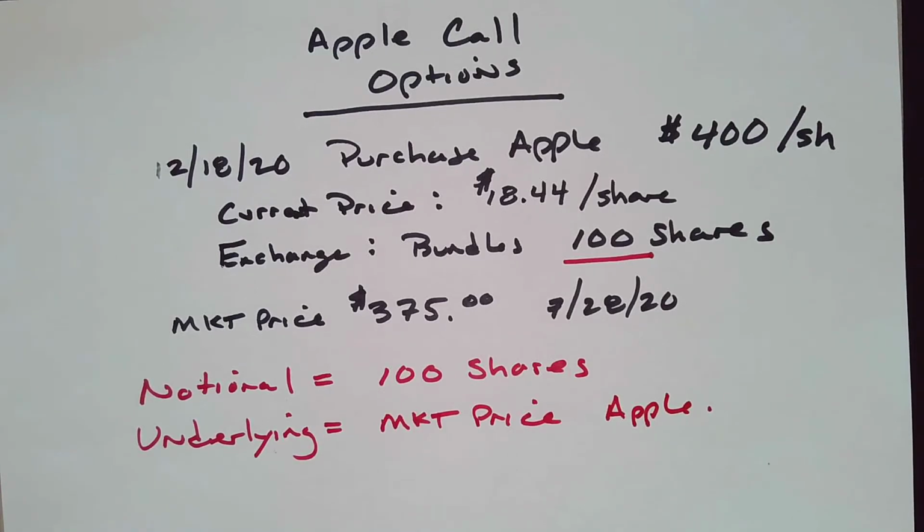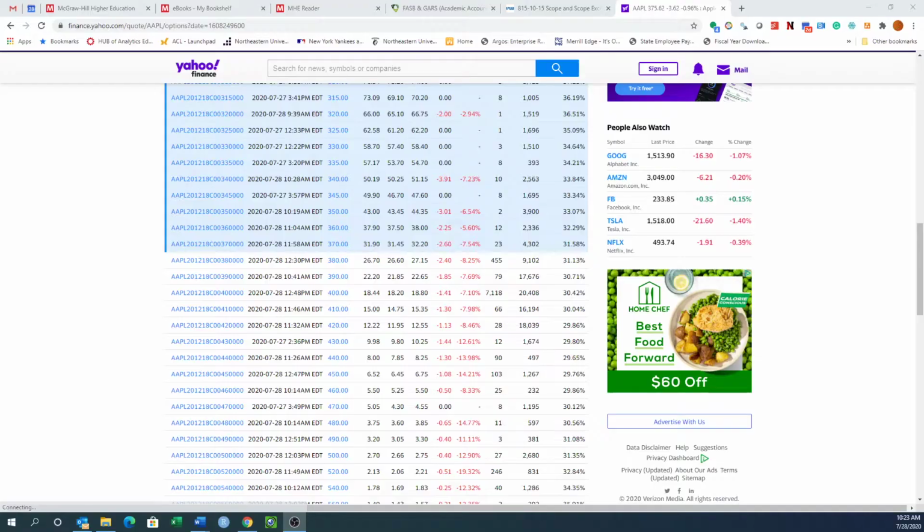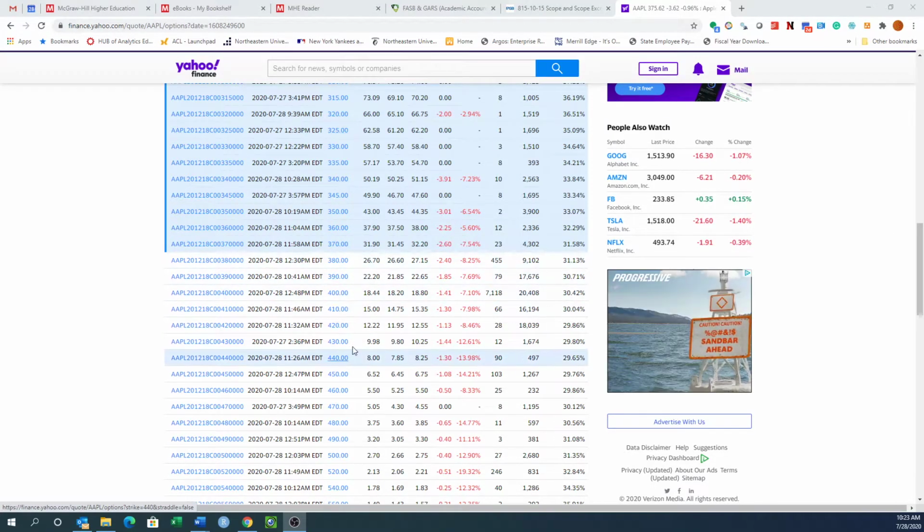And if we go back to this screen here, you can see that as the share price goes in the money, the value of the option goes up. The further away the strike price is from the share price, the more the value of the option goes down.